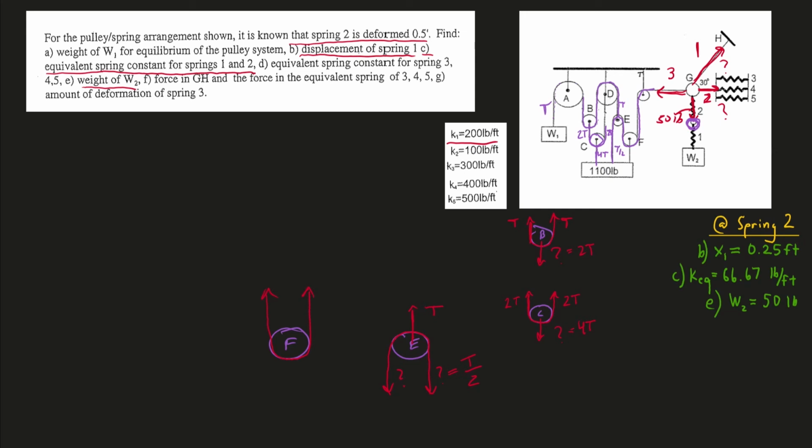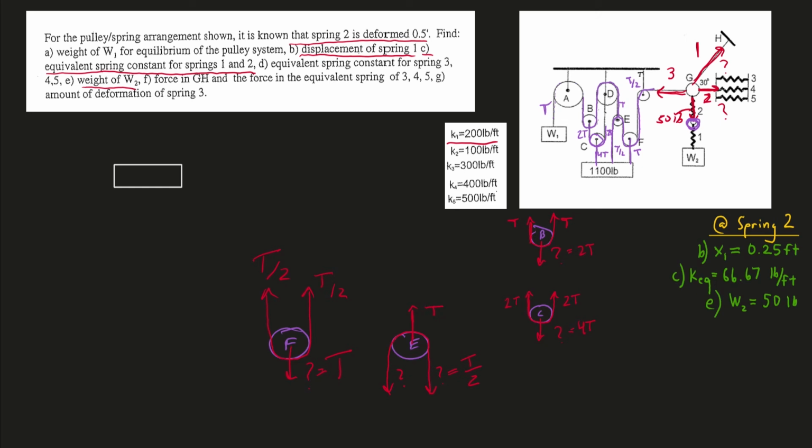So there are two of those T over 2 ropes pulling the pulley up, and we have one unknown going down, therefore that unknown must be T. So this last rope touching the block is T. And like we said a second ago, that rope, this one right here, extending over to the right to our G system, that is T over 2.